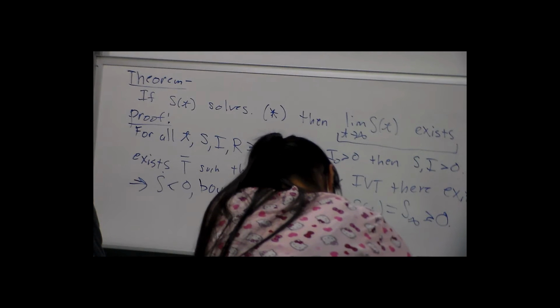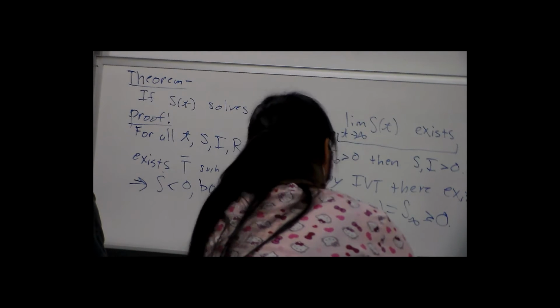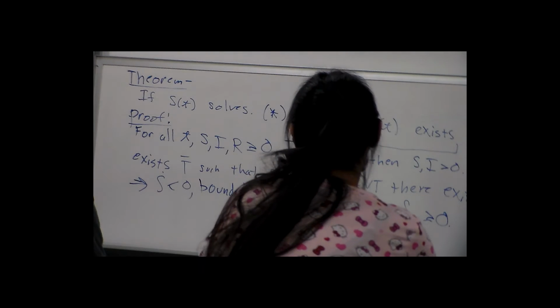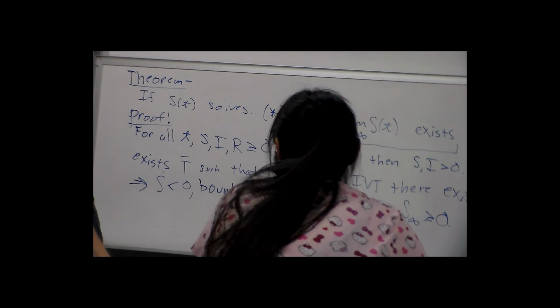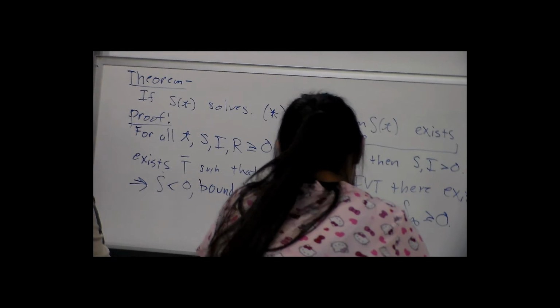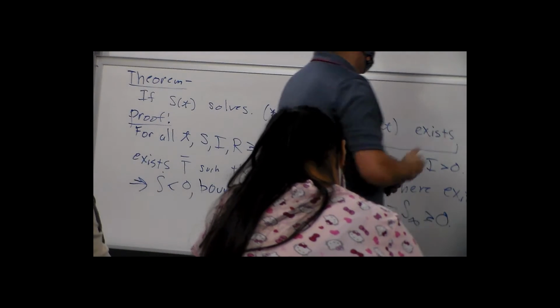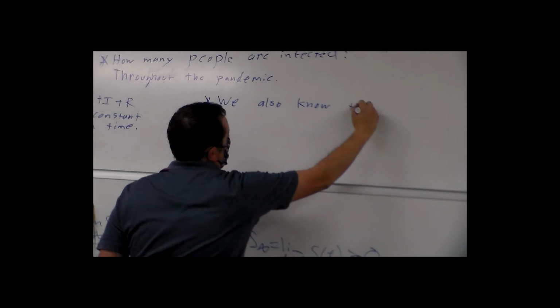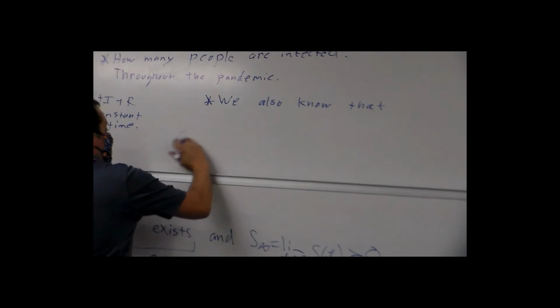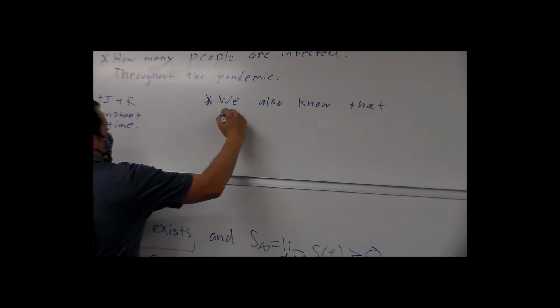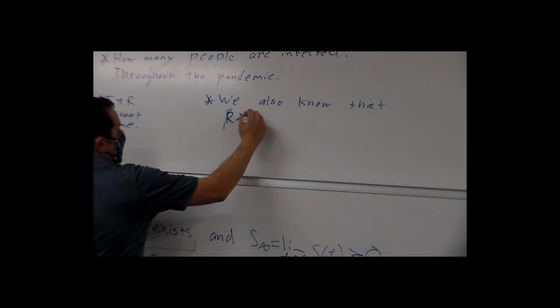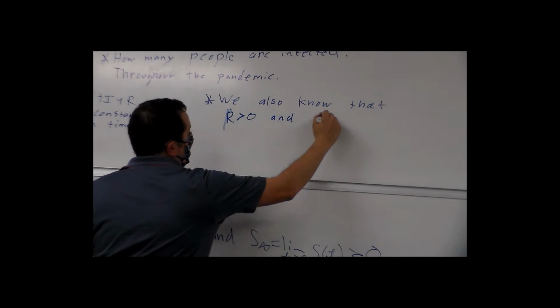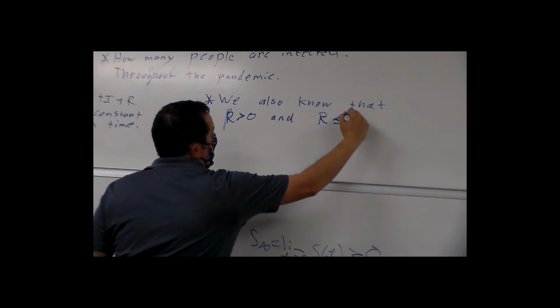We have a bound on it. It has to do with the fact that we bounded it with N equals S plus I plus R. So we know R dot is positive and R is less than or equal to N.